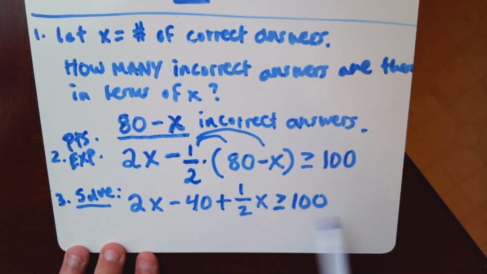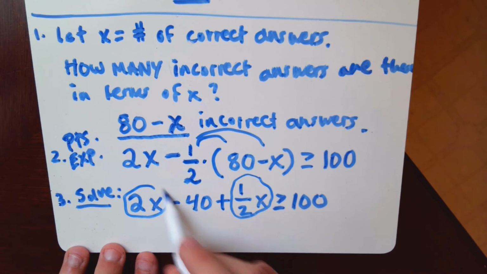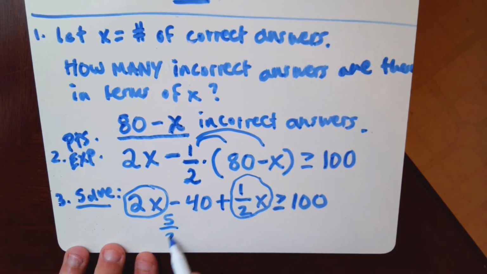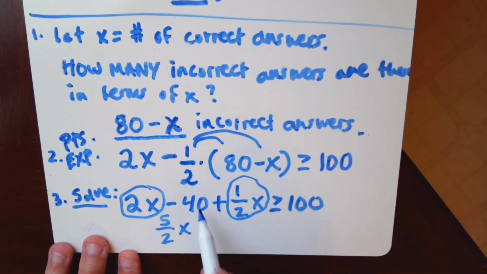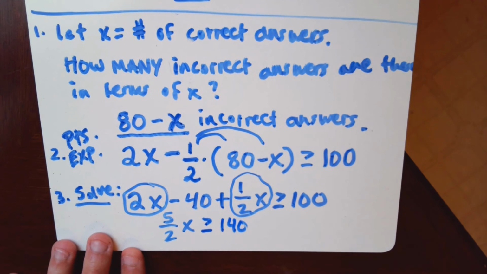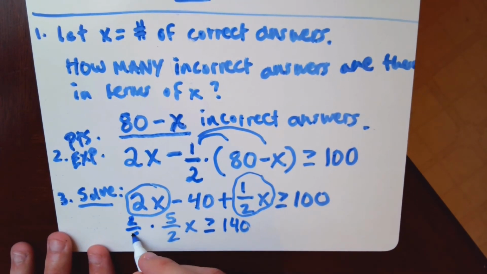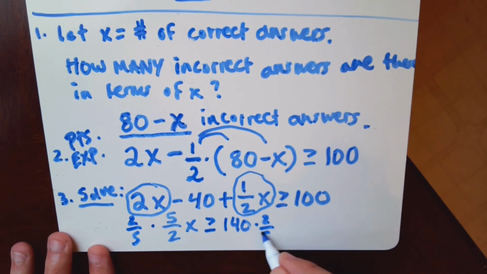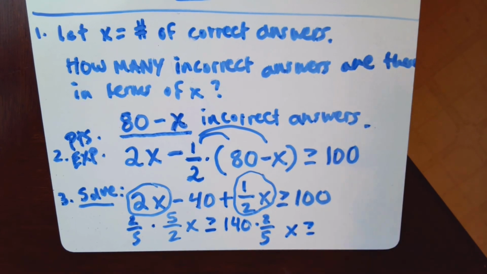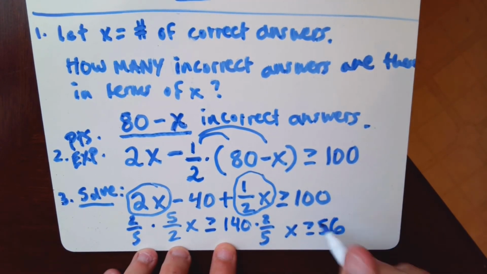We add 40 to both sides. We combine 1/2 x and 2x, which gives us 5/2 x, or 2.5x. Adding 40 on the other side leaves us with greater than or equal to 140. Then we use the multiplication principle by multiplying both sides by 2 over 5 and simplifying. This gives us that x is greater than or equal to 56.